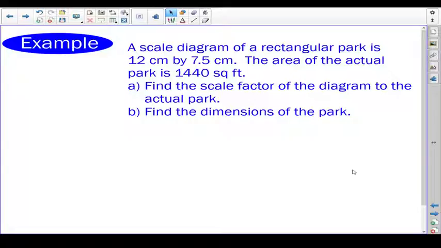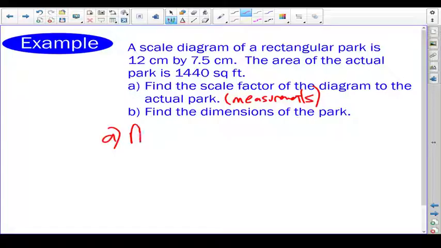Now it doesn't say areas, so we're gonna assume that we're gonna be talking about measurements or one-dimensional. Okay. Now we'll have to find the reverse, but we'll go from there. So the first step is we got to find the area of the scale diagram, because that's going to help us find the scale factor.